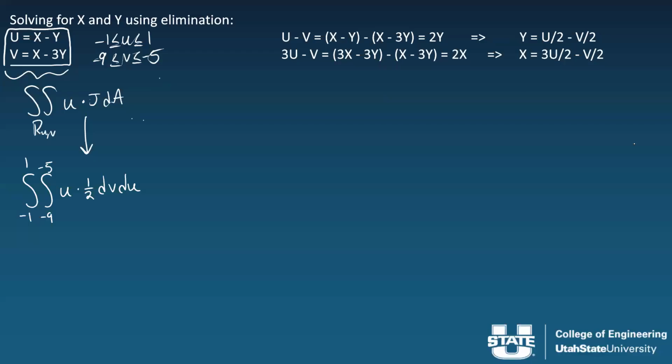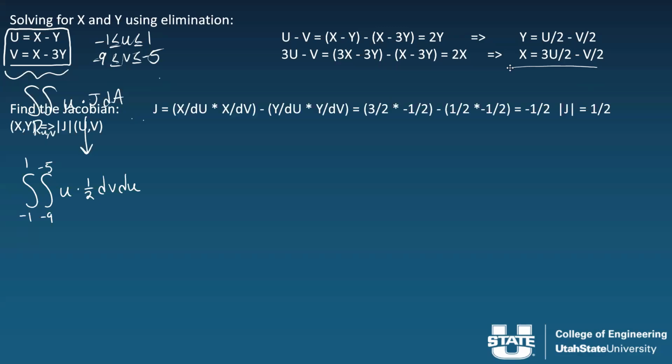So see up here, I'll move my name. They converted the functions into x and y as functions of u and v. Then in order to find the Jacobian, this time it was del x del u, del x del v, del y del u, and del y del v.